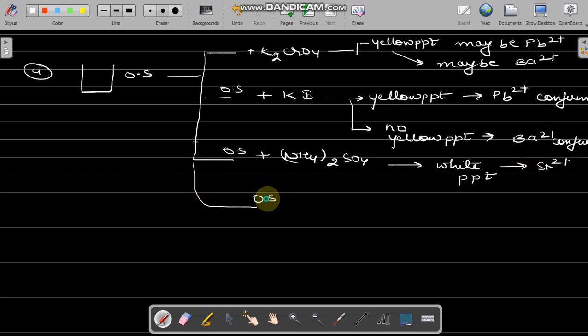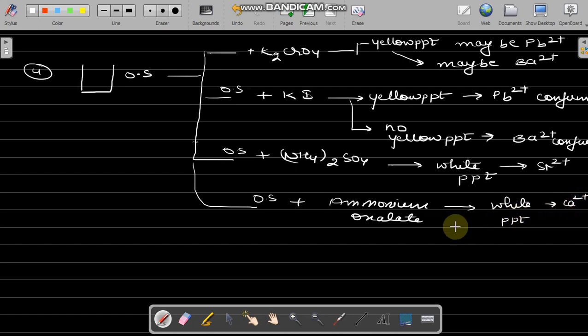If original solution you take, putting ammonium oxalate and white PPT comes, then calcium is confirmed.